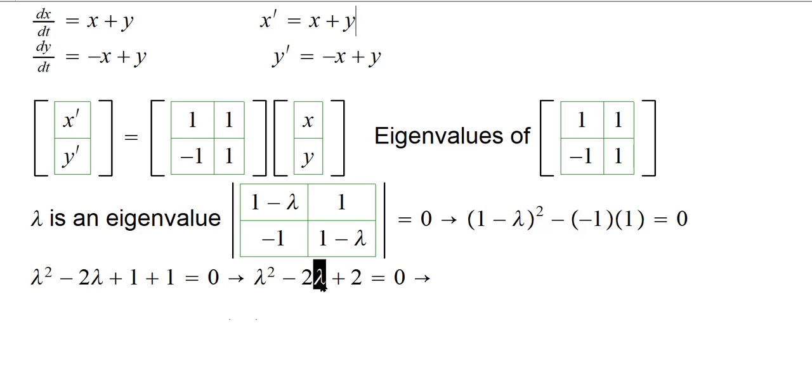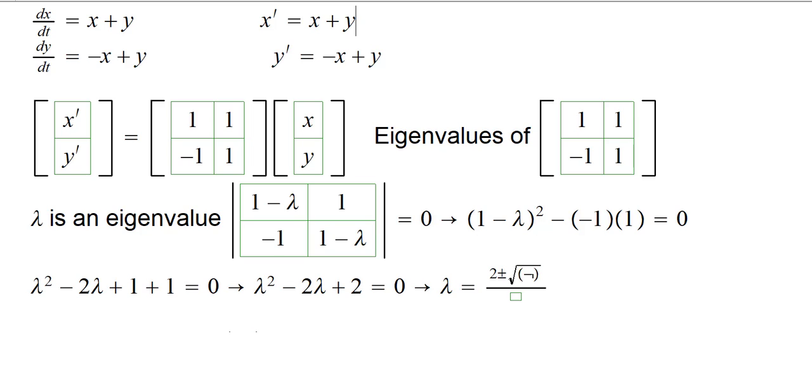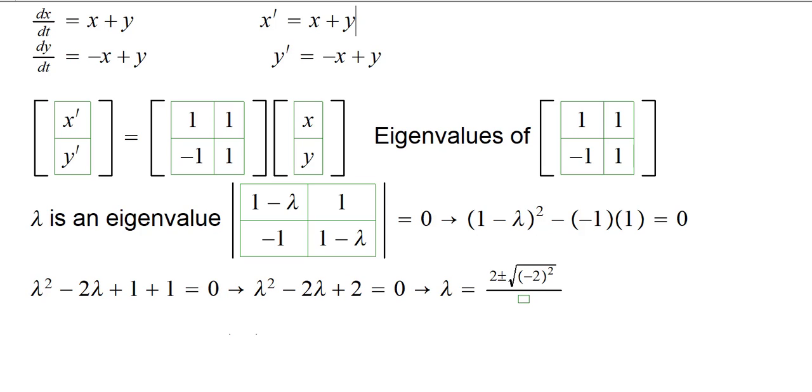So if we use the quadratic formula, then we are going to get negative of negative 2 is 2, then a plus minus sign, and then a square root of negative 2 quantity squared minus 4 times 1 times 2, divided by 2, since the coefficient here is 1.